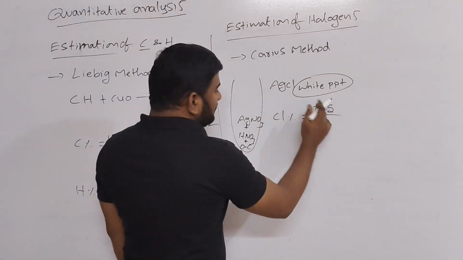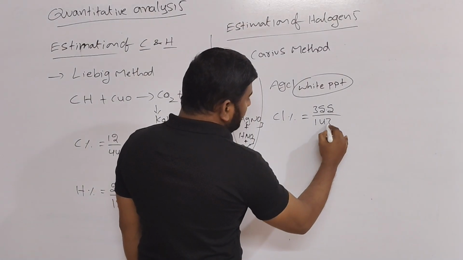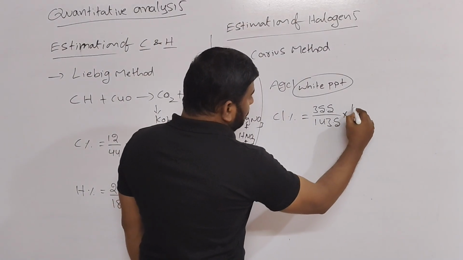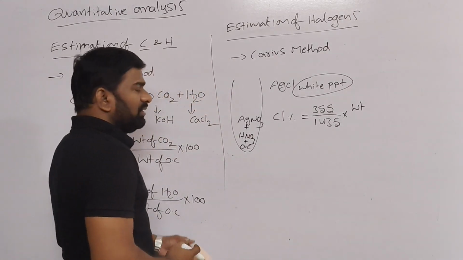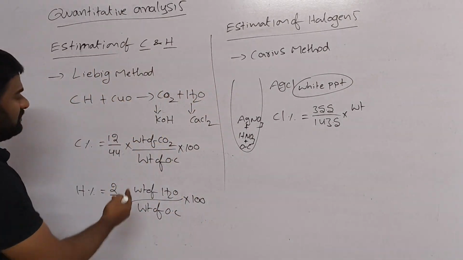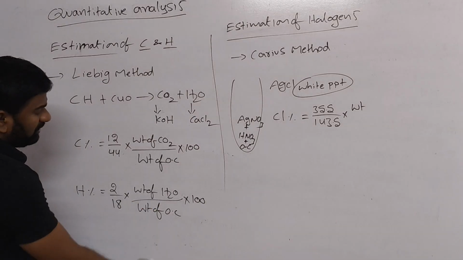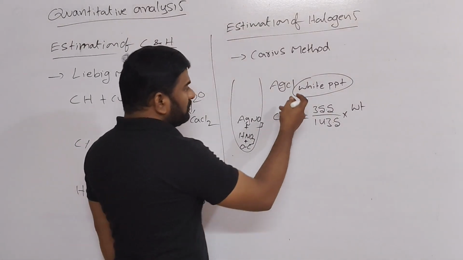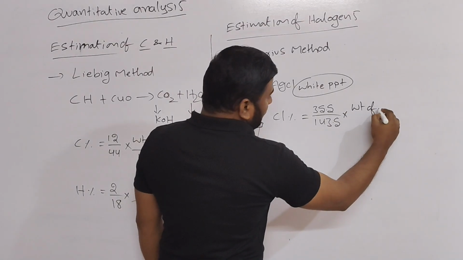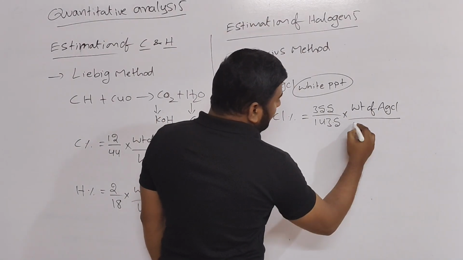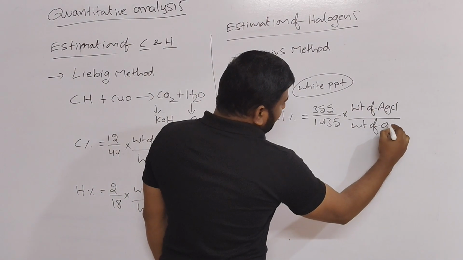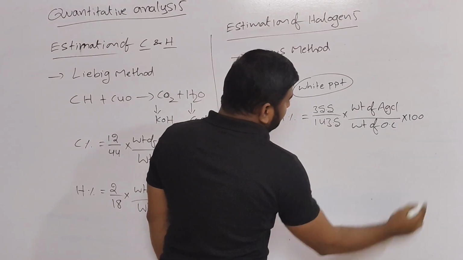So 108 plus 35.5 is 143.5, into the remaining, the same as for CO2 and H2: weight of AgCl by weight of organic compound into 100.